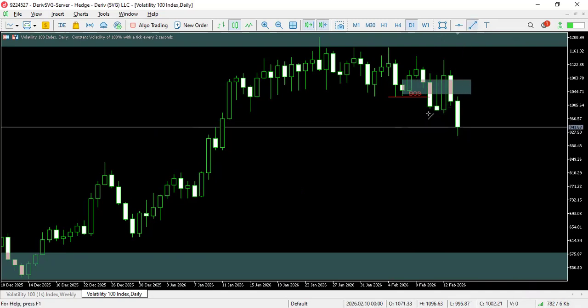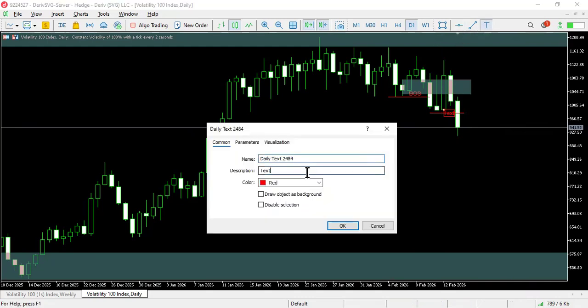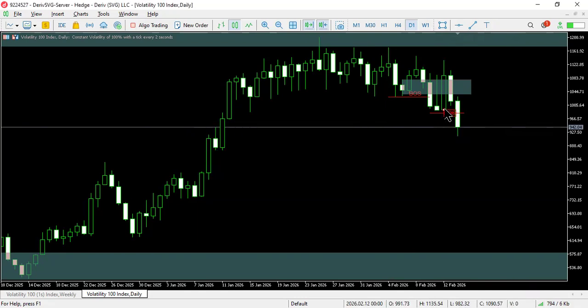And then we also have, this is our most recent break of structure to the downside. So we have a break of structure right there.